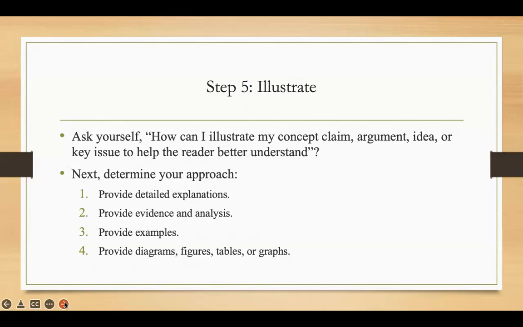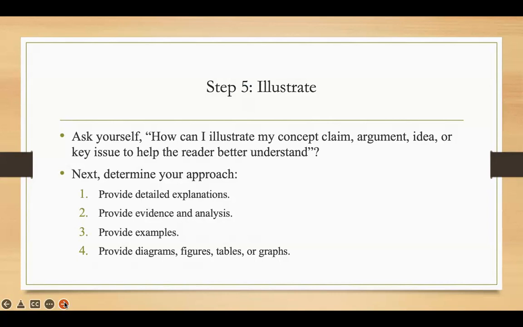So in step 5 of 5, because these are 5 steps to use, so this is the last one, ask yourself, how can I illustrate my concept, claim, argument, idea, whatever it is that you want to work on? How can my reader better understand it?